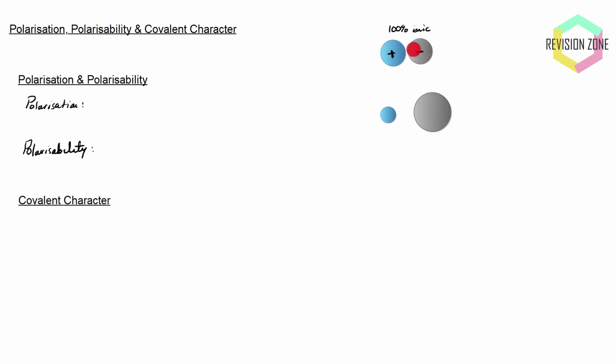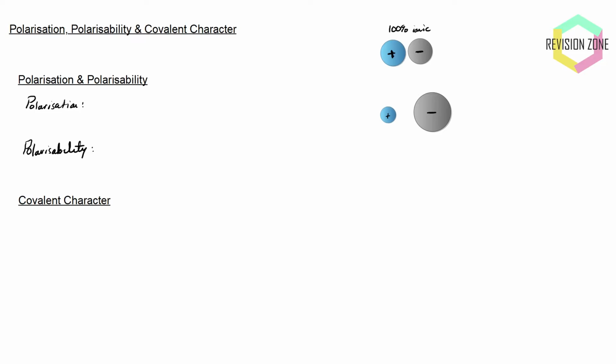Now, distortion of the negative ion tends to occur when there is a highly charged positive ion and the size changes, and you can see that in this diagram underneath. So if I put this as a positive ion and this is my negative ion.